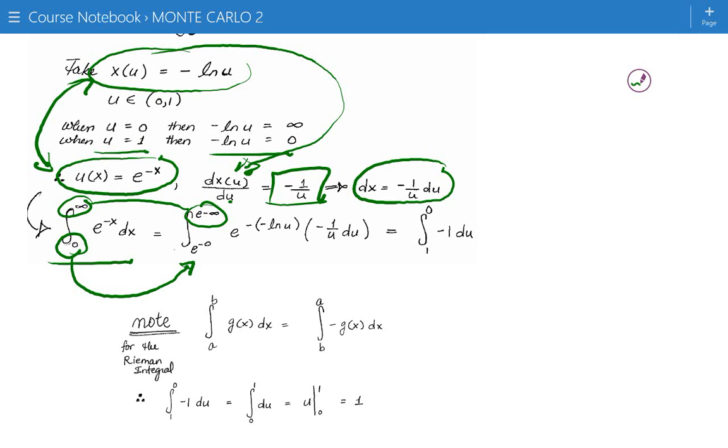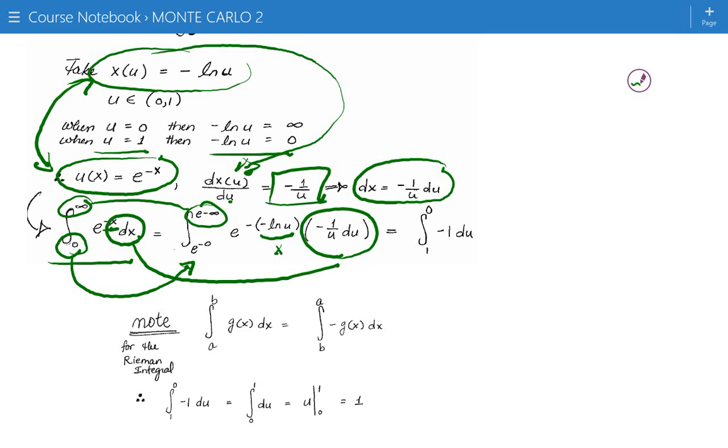Here we have a negative x, so we're going to put in the negative x here, and remember that negative log u is x, so I just plug x in there as a function of u now. And then dx is, as we wrote up above, negative 1 over u du.